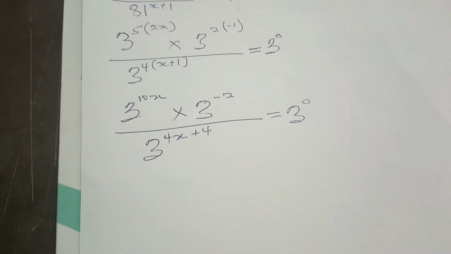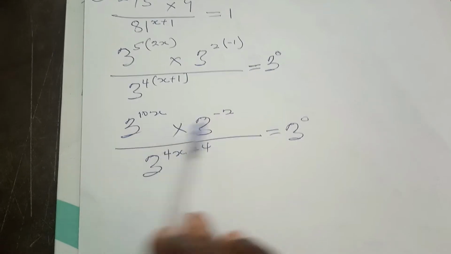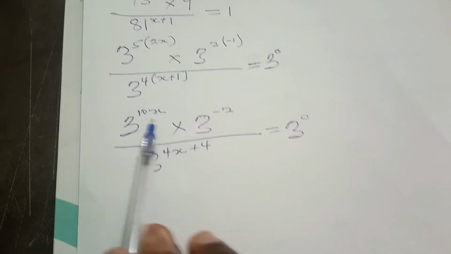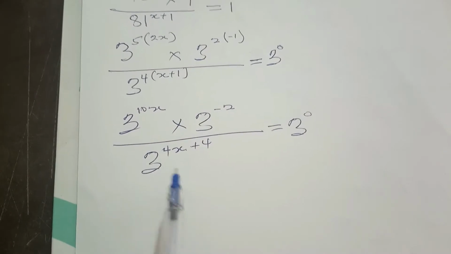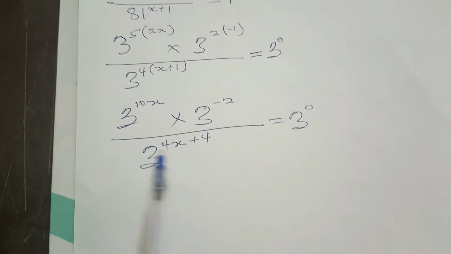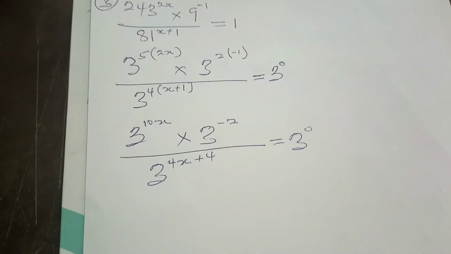Alright. So by applying the laws of indices, these two are multiplying, so we add the exponents, and then this is dividing, so we subtract the exponent. That is what we are going to do right now.